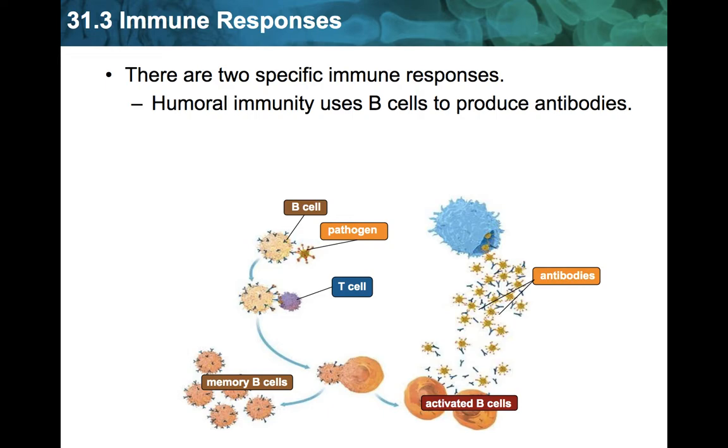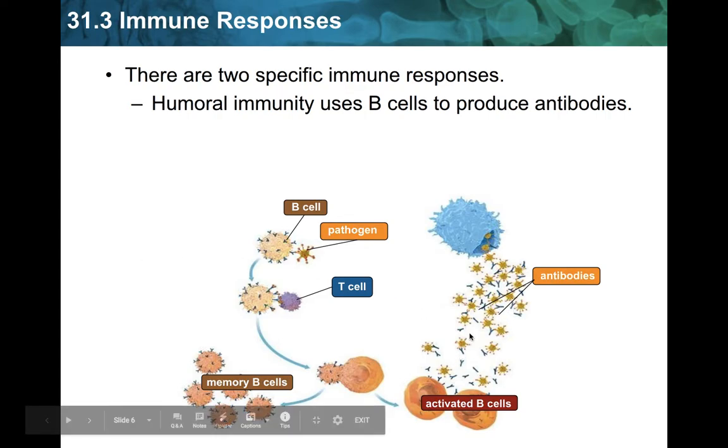There are two specific immune responses. You have the humoral immunity, which uses B cells coming from your bone marrow to produce antibodies. Let's just look at these. All these little Y-shaped things are antibodies. These are the activated B cells. Your B memory cells are kind of laying dormant until they're activated.